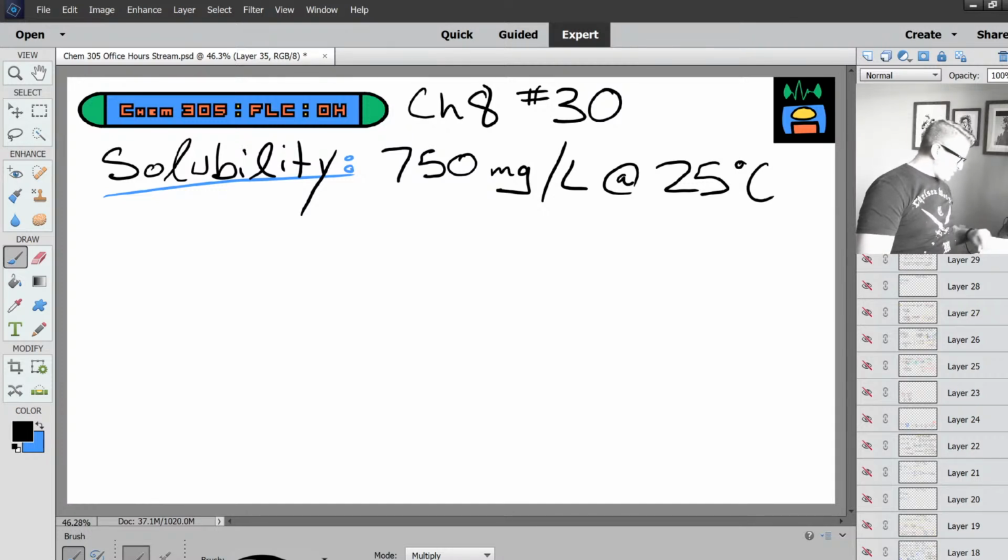To answer that question, let's see. I'm just looking in the book to see if they give us any sort of parameters for a question like this. It doesn't really look like they do.